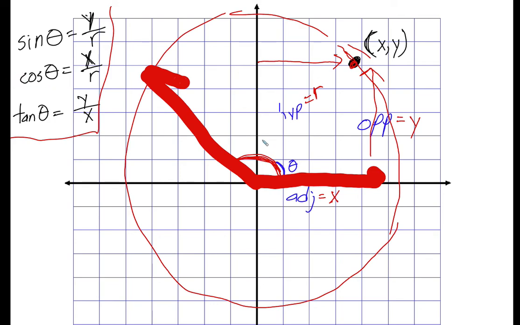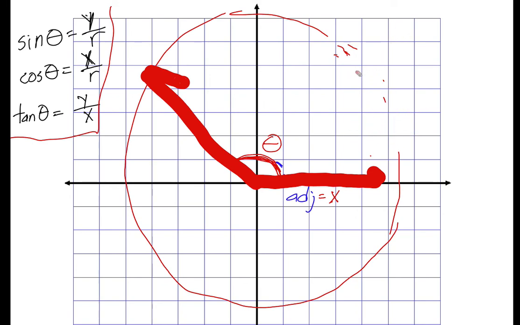And yet, there's our angle. And yet, we can still talk about the sine, cosine, and tangent of that angle, even though there's no way to fit it inside a right triangle. Because up here at the tip of our line, there are some coordinates, x and y. Then the sine of whatever this angle is going to be the y-coordinate divided by this distance r.